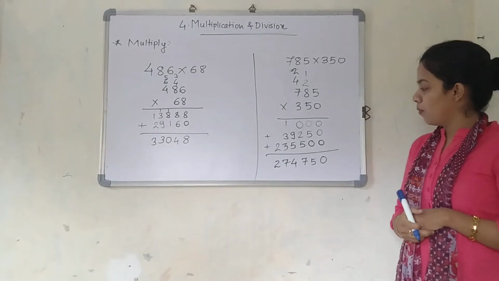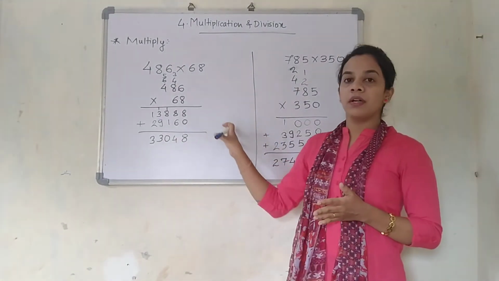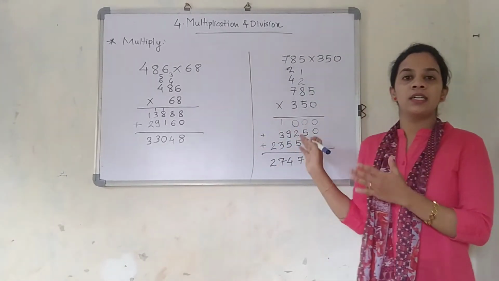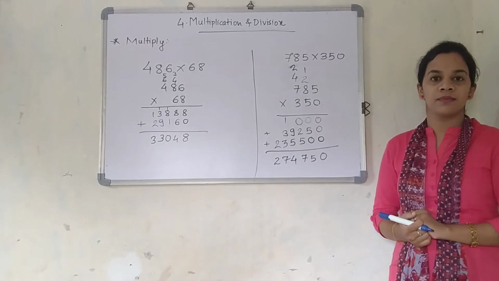So your answer is 274,750. So this is 3-digit into 2-digit, and this is 3-digit into 3-digit multiplication. Okay, we will see the next questions.